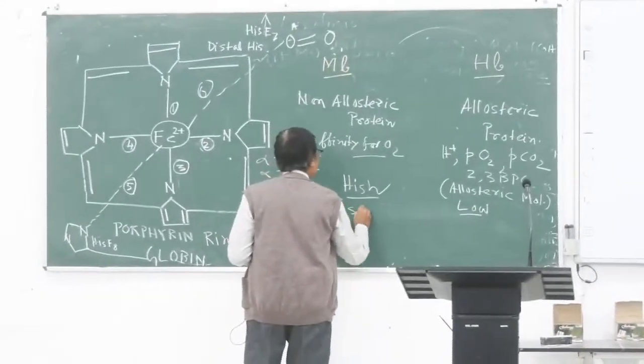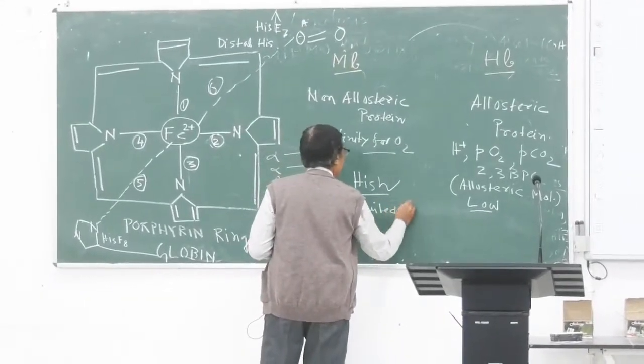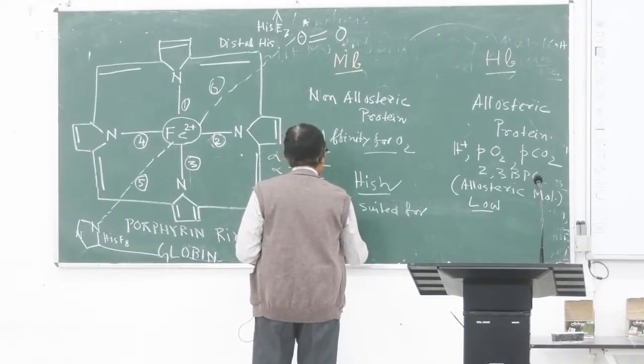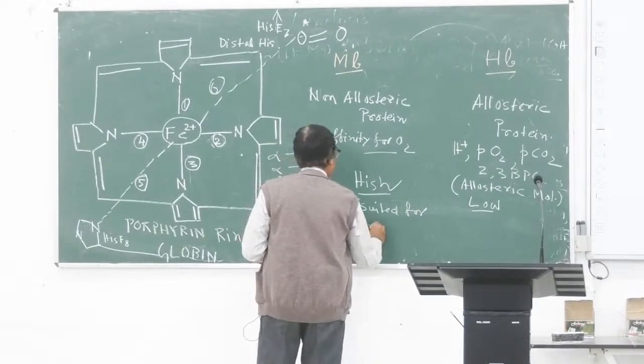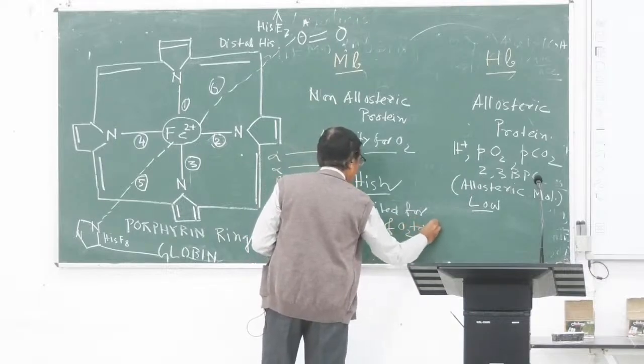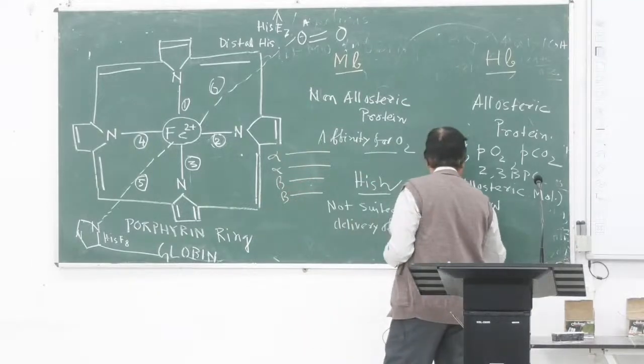Myoglobin is not suited for delivery of oxygen to tissue. Hemoglobin is suited for delivery.